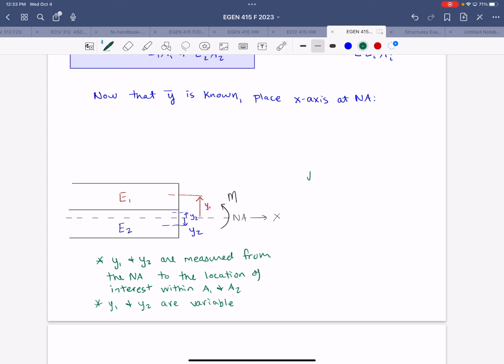So if we wanted to calculate the normal stress in area 1 at an arbitrary point, then we could use capital E1 times strain 1, or negative capital E1 over rho times y1, right? And similar for normal stress in area 2.